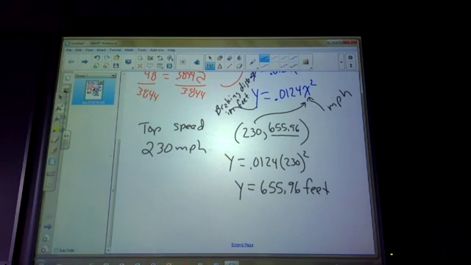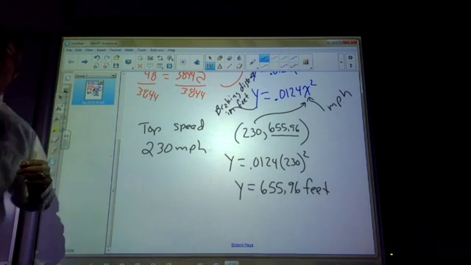Okay, so let's put this in perspective. 655.96 feet. A football field, if you go from the back of the end zone to the back of the end zone, so you're including the touchdown areas, right, is 120 yards. 120 yards times 3, that's 360 feet. 360 feet doubled is 720.